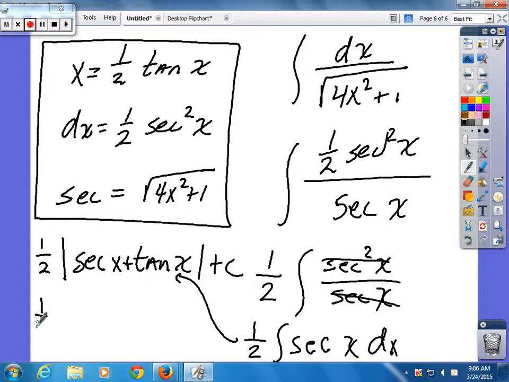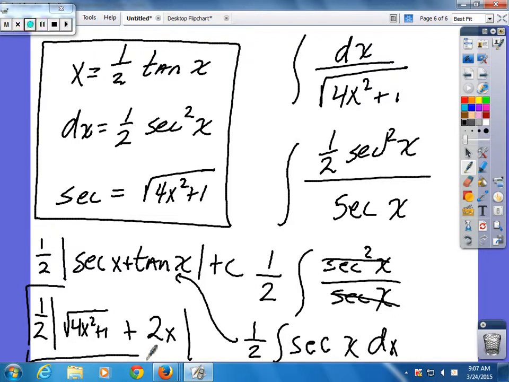So 1/2 the antiderivative of square root of 4x squared plus 1 plus 2x. Plus what? Don't forget to add the plus C, or I will mark it wrong.